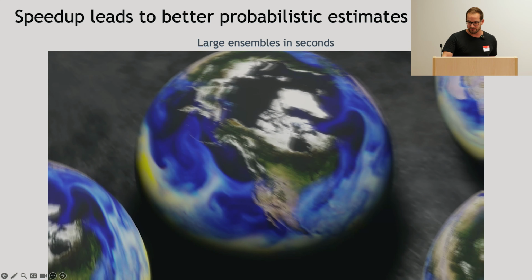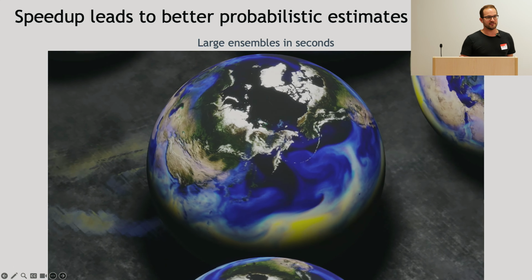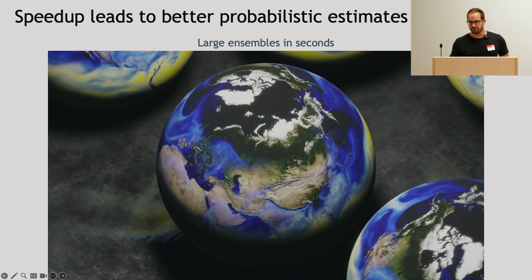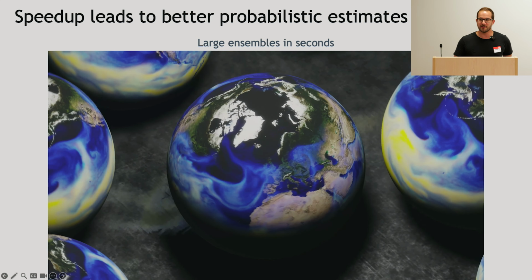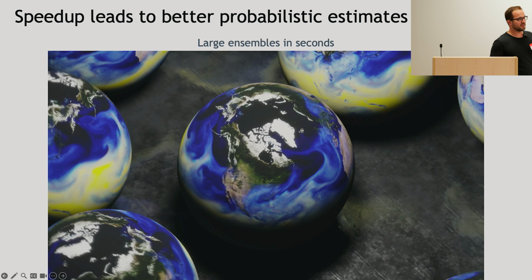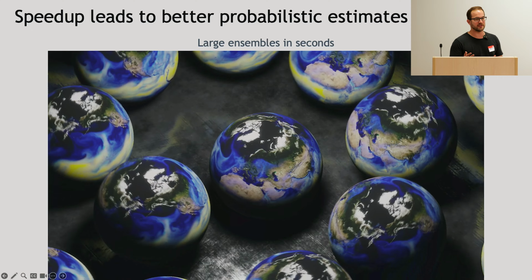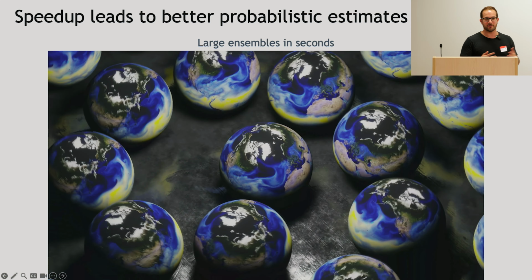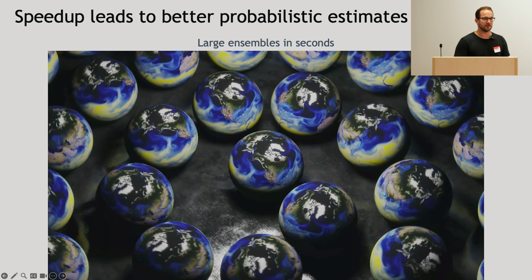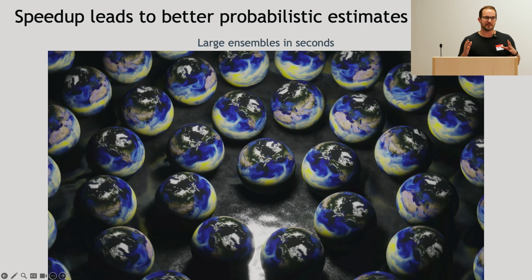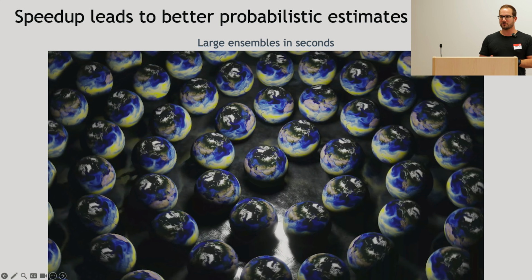As a motivating example, I want to take weather forecasting, where we have the state of how the weather looks globally right now, and we want to know how it will be in an hour, 6 hours, maybe a week from now. The key thing is that often it's not sufficient to just do a prediction.